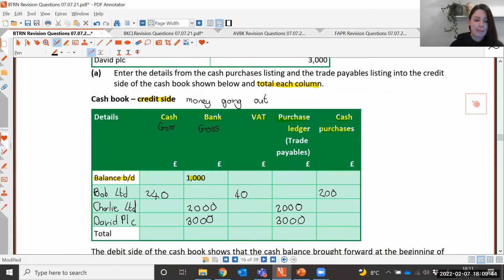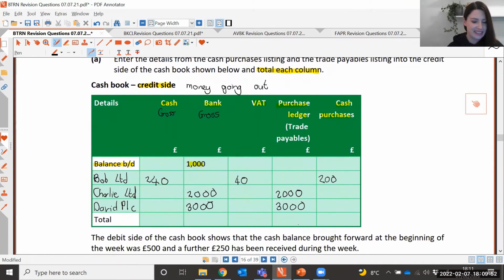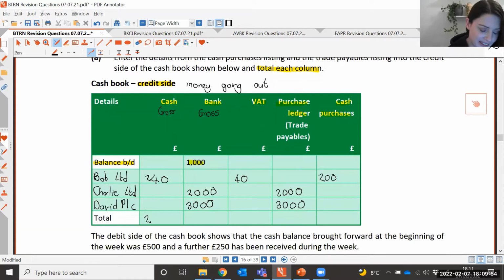So what's the next step? What do we need to do next within this question? Yeah, do the totals. Okay, so we know the total of the cash column is 240. What's the total of the bank column? Yeah, £6,000.